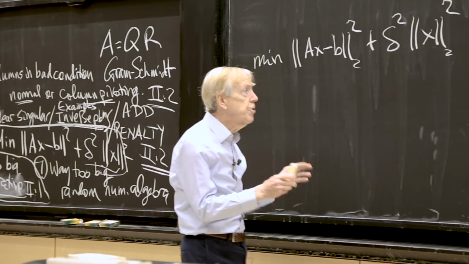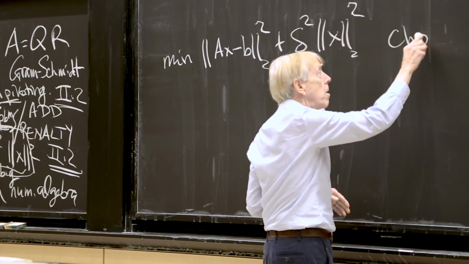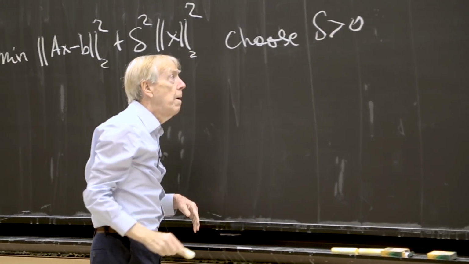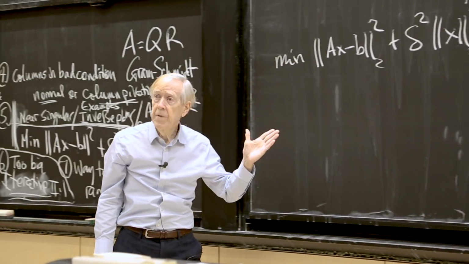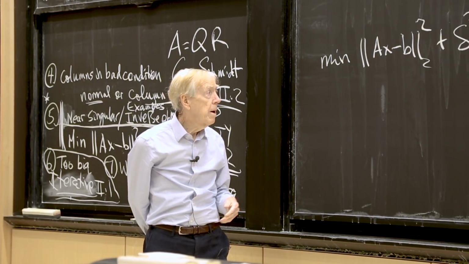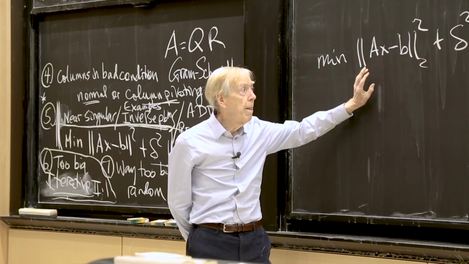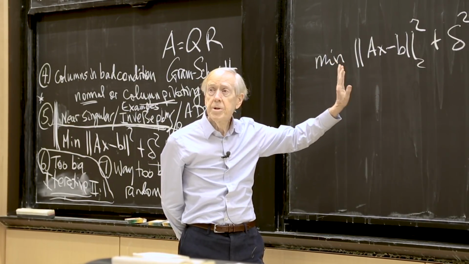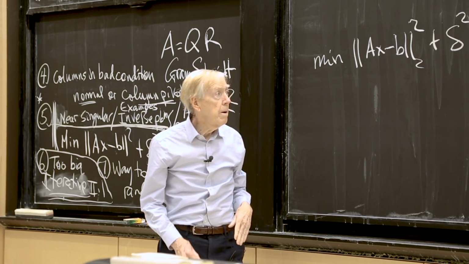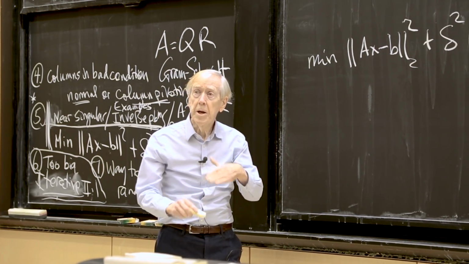I have to choose a delta, a positive delta. And when I choose a positive delta, then I have a solvable problem. Even if this goes to 0, or A does crazy things, this is going to keep me away from singular.